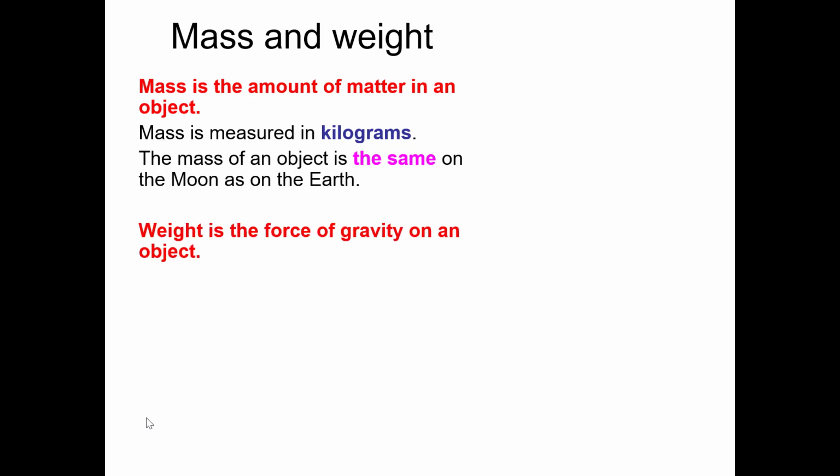So we define weight as the force of gravity on an object. Or we can define it as the force exerted by one body onto another that freely supports it. But in short, you can simply say that it is the force of gravity on an object.